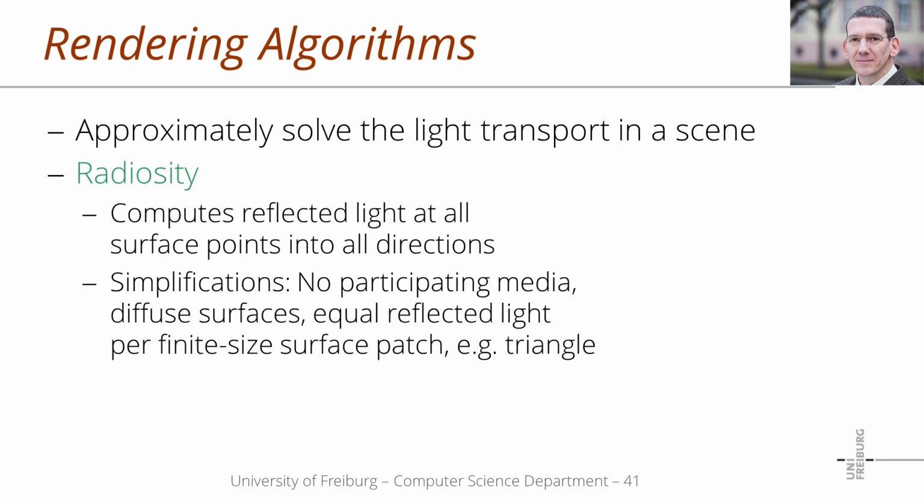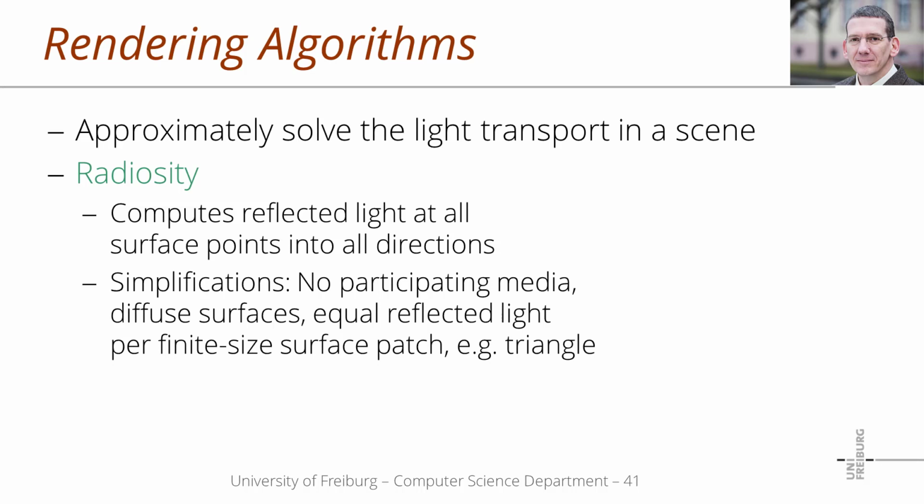This means that incoming light is uniformly reflected into all directions, which particularly means that the reflection of light is independent from the direction, which also means that we just have to compute one value for diffuse surfaces, namely the overall amount of reflected light. And from this overall amount of reflected light, the reflected light into one particular direction can be easily deduced.